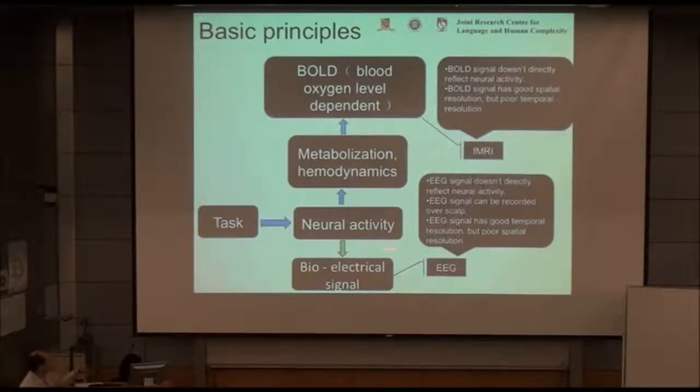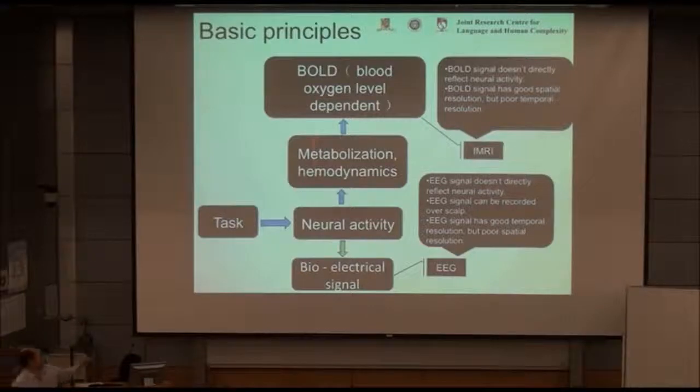Neural activities result in metabolism, because neuron firing requires, for instance, oxygen, and this can be further reflected as a blood signal, the blood oxygen level dependent signal, which can be picked up by fMRI.